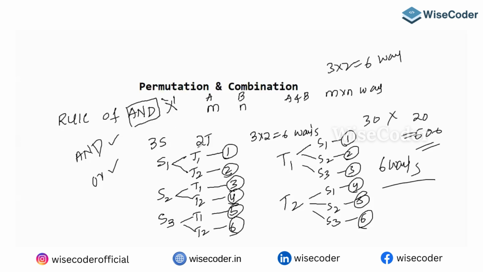Guys, this rule is not limited to just two events. In this particular question, I have only two events, no? Are you getting my point? In case one and case two, I can say I have some ties.